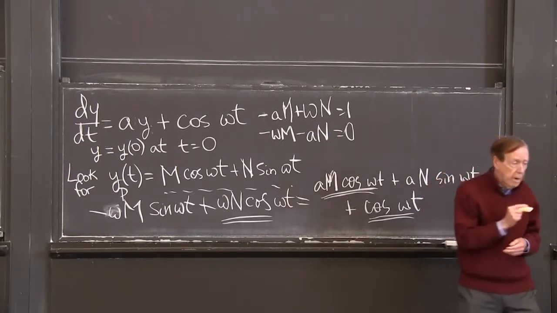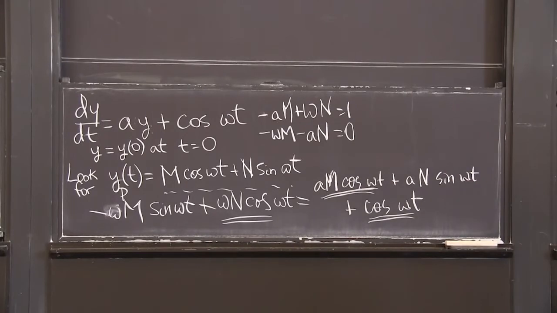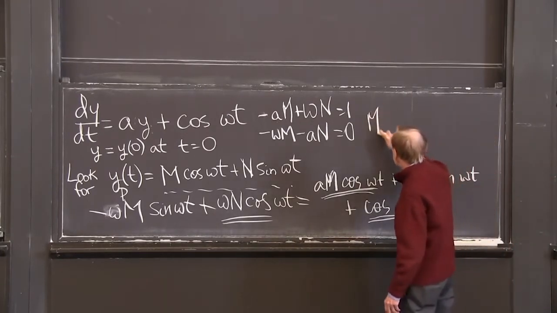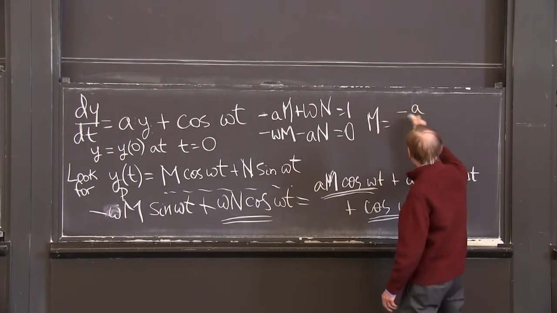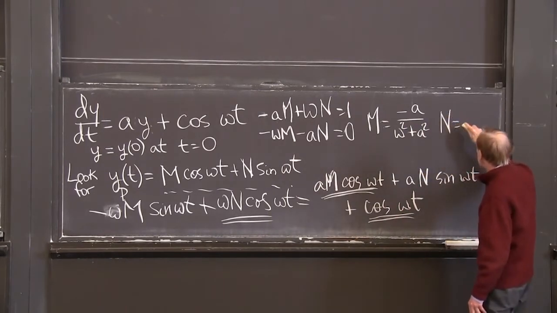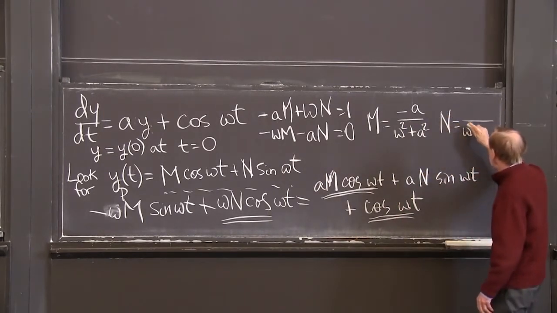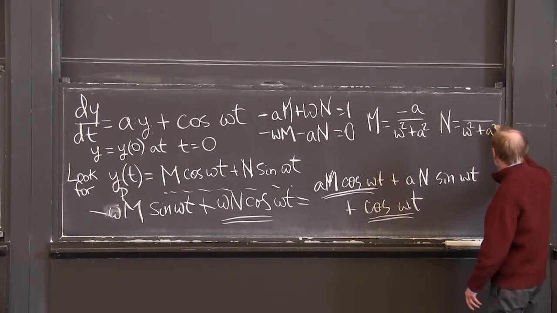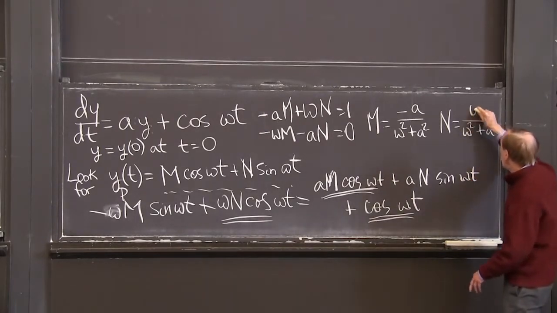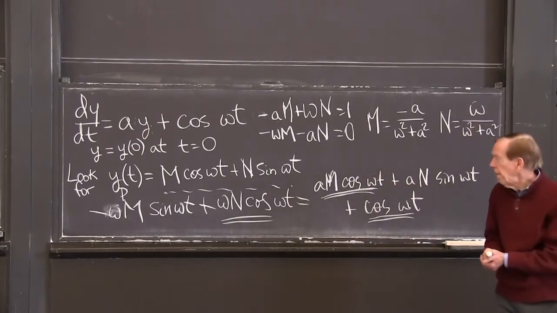I'm inclined to just write down the answer, which I prepared in advance. M turns out to be minus a over omega squared plus a squared. And n turns out to have that same omega squared plus a squared, and above it goes omega. Okay.